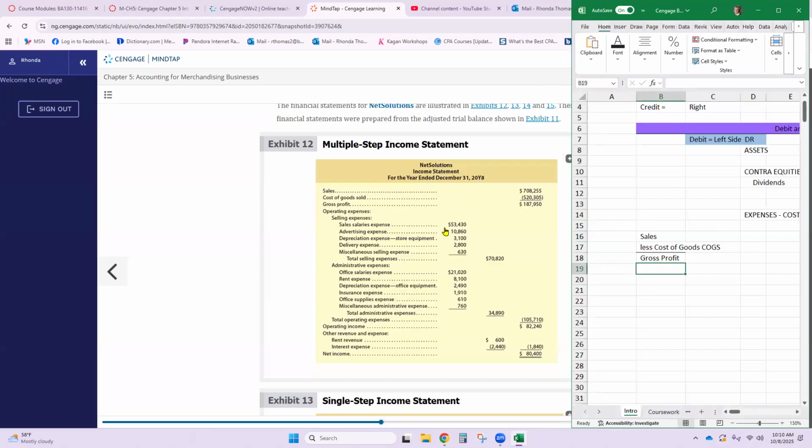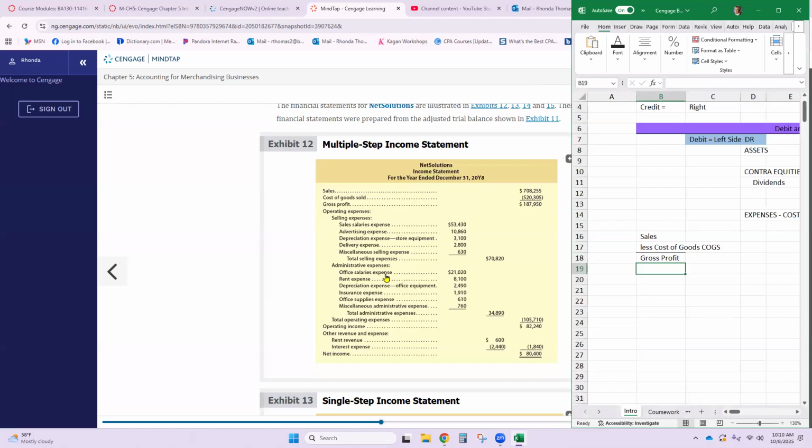Remember, accountants like order, and they like to be able to know which expense is the most by just glancing at this statement, right? And it's not unusual to see salaries be your number one largest expense. Okay, it's just very typical.